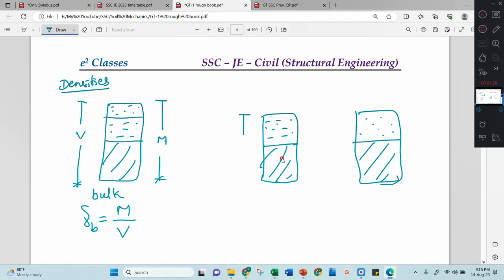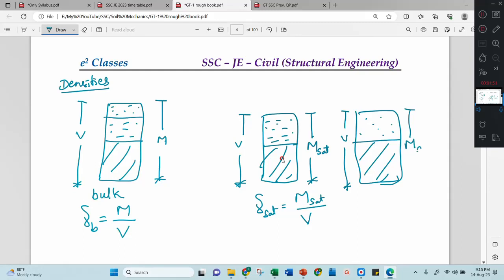Then here also you will be having a total volume, and here you will be having mass of the soil, but it is saturated now, therefore I will call it the saturated mass. Therefore gamma sat is nothing but saturated mass divided by total volume. Then coming to here, this is the total volume, and this one is the dry mass.